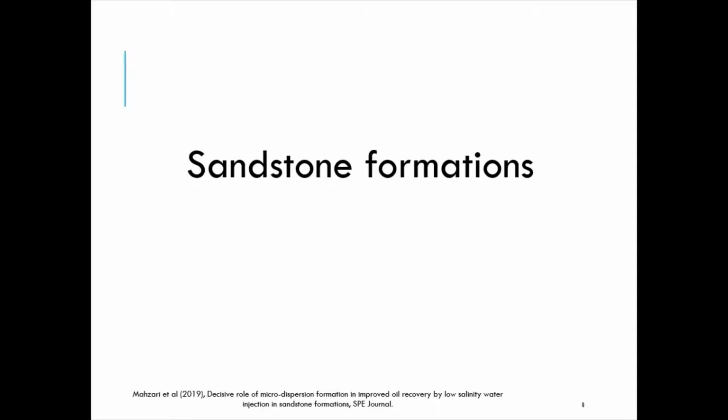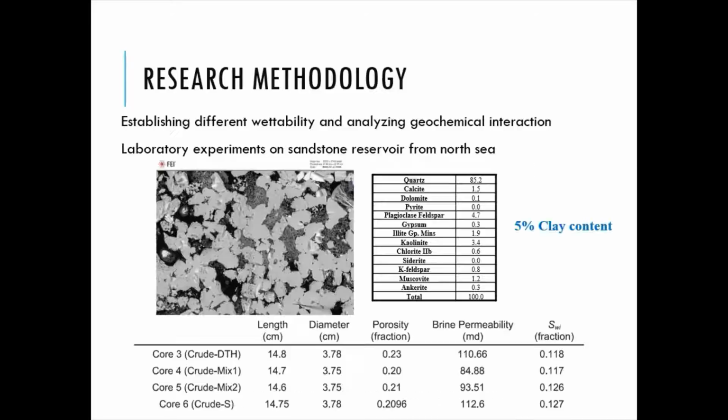Firstly, we are showing the sandstone results, and they are taken from a paper published in the 2019 SPE Journal. For our methodology, we have used the same sandstone reservoir rock.